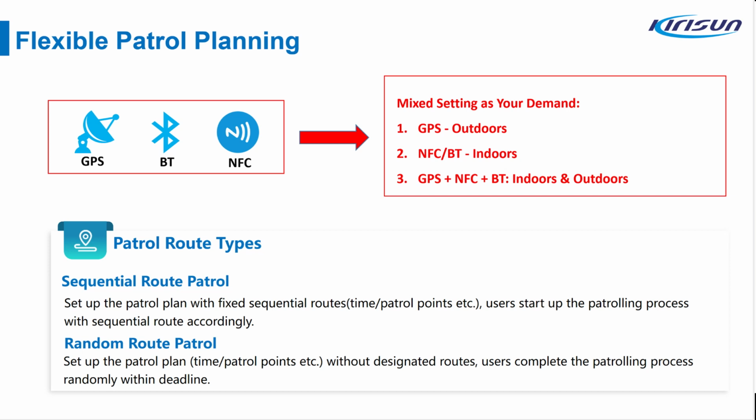The other is a random route, where you set up the patrol plan without designated routes. For example, it is set up with 10 patrol points. The user doesn't need to follow a designated route. He only needs to complete the patrolling process within the deadline as he wants, no matter what the patrol route is.